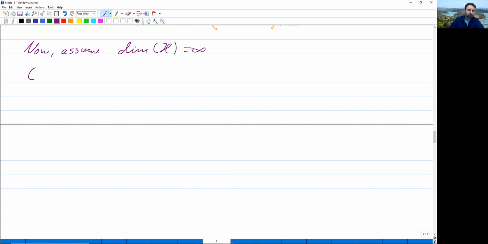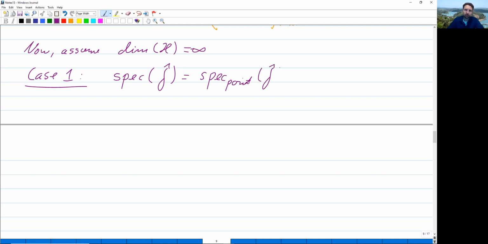Now, case one. Case one is that the spectrum of our observable f hat is the point spectrum. So it has only proper eigenvalues and proper eigenvectors.